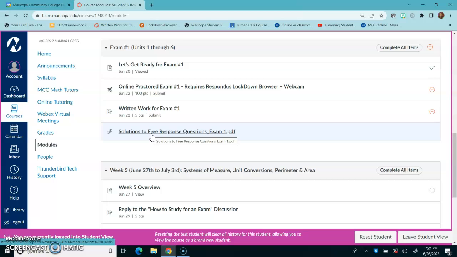So I hope you take a minute to take a look at the solutions. If you had any questions on any of those last 10 questions on the exam, anything you wanted to look at or compare your work. And then if you had questions on any of the exam questions, 1 through 40, please come to the Let's Meet session and let's clarify any questions or concerns that you had.